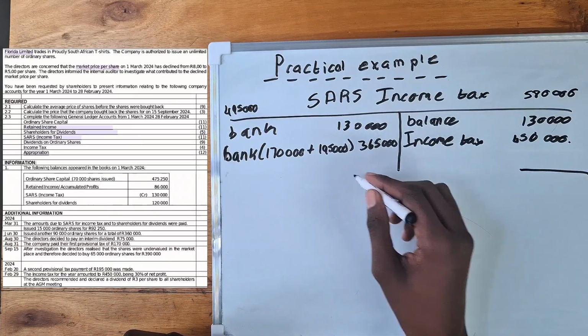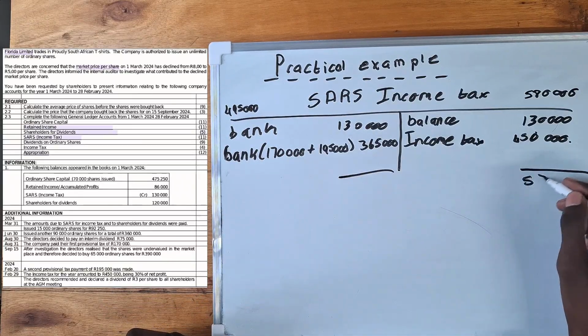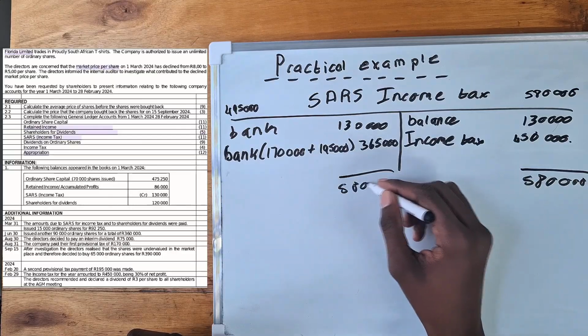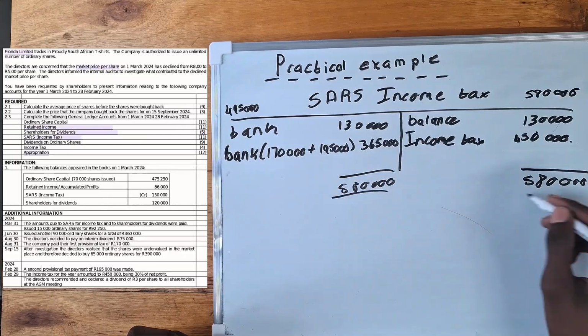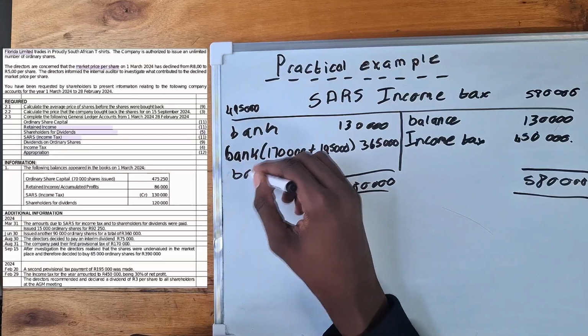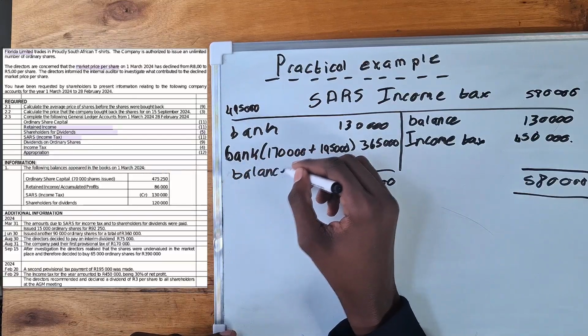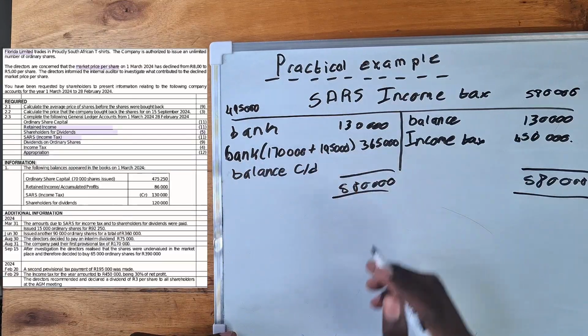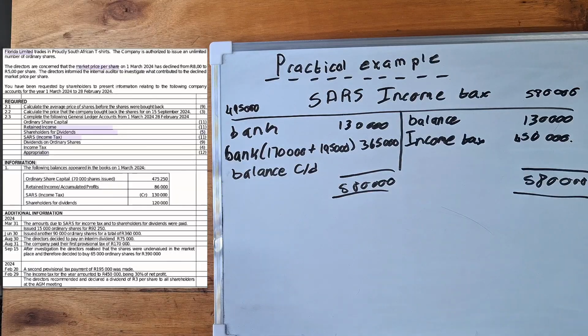So we write it on both sides, 580,000. Right, just like that. Then now we write our balance, which we must carry down. And then all we need to say now is just 580,000 minus 495,000.